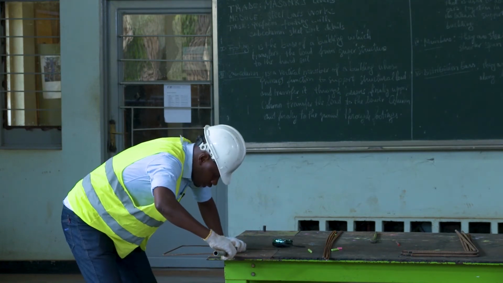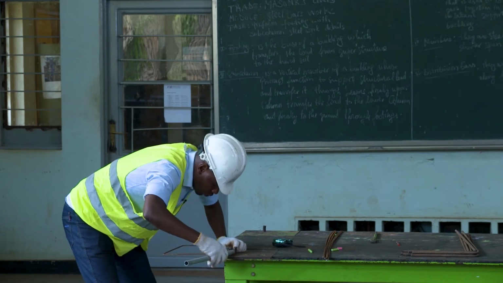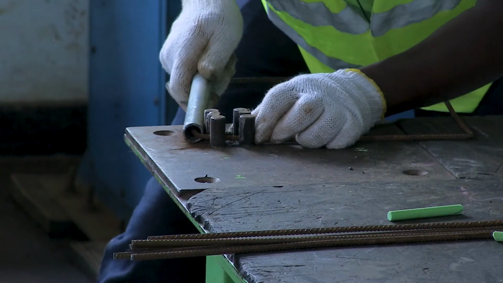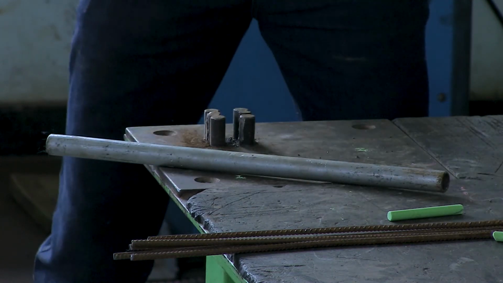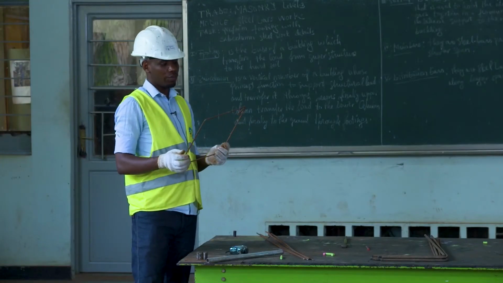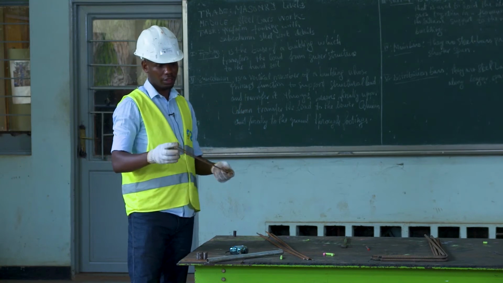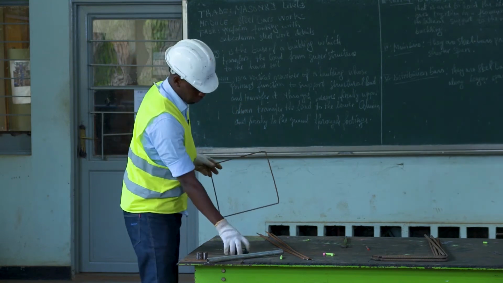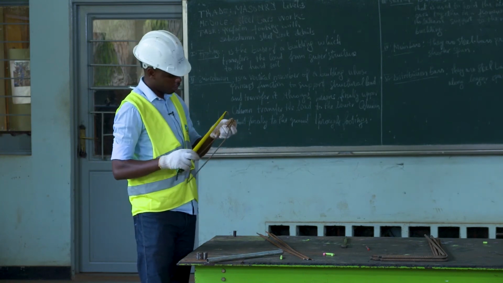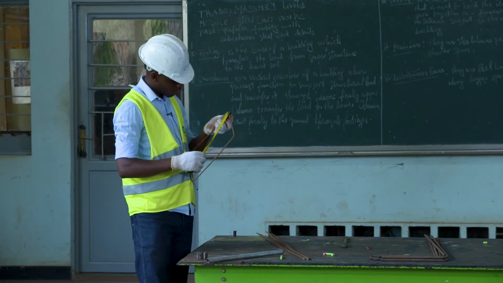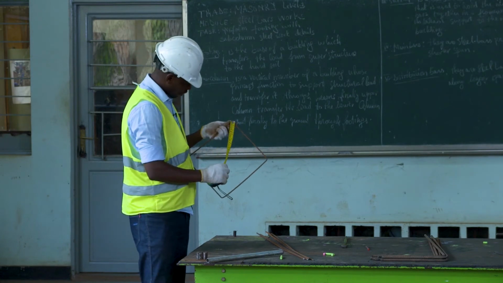And then the last one is the hook of 5 millimeters. We have the finished product we call stirrup, and you have the hooks is 5. As you see, here the hook is 5.